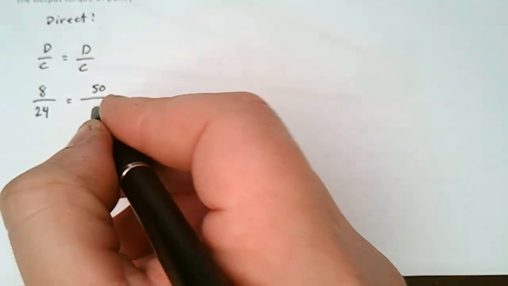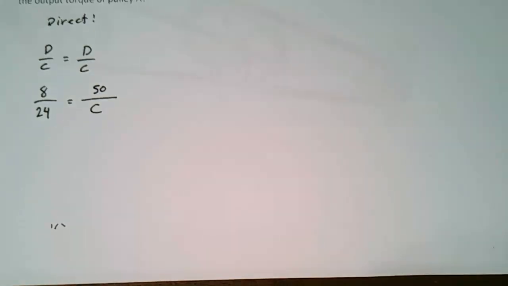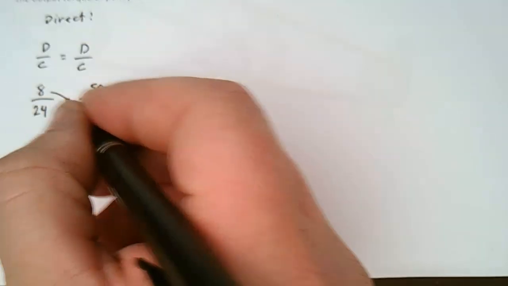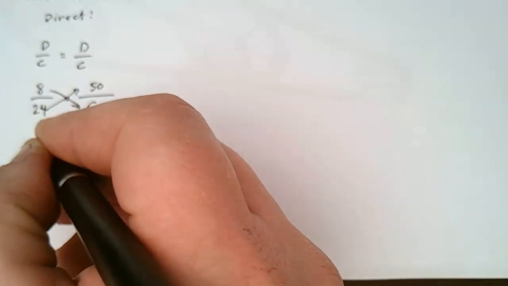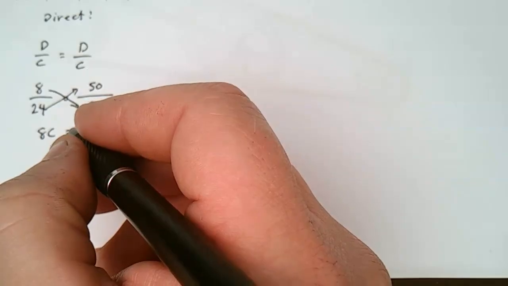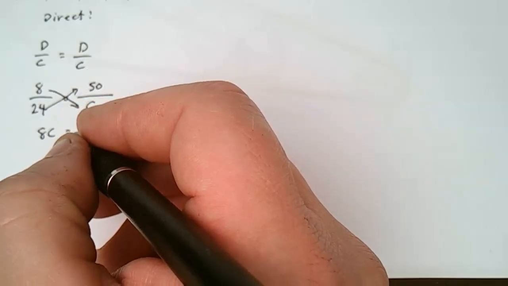This will be D on top, C on bottom. And so the torque for pulley D is 50, and the torque for pulley C is unknown. Okay, it's unknown, so we're going to leave that as C. We're going to cross multiply. I get 8C equals, what do I get here? 8C equals 1200.